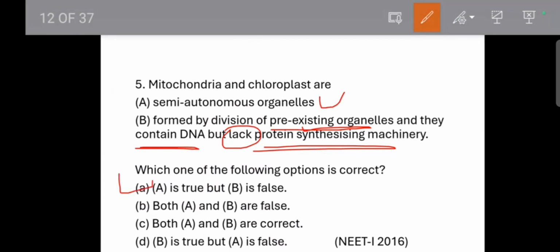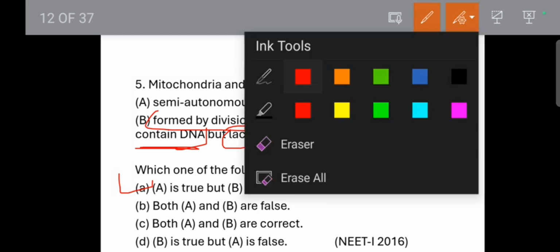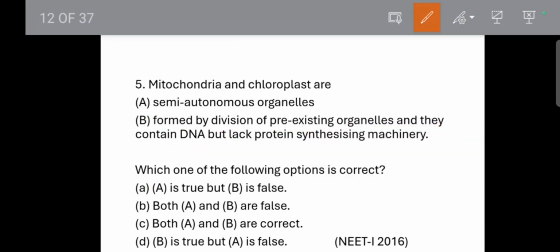The second statement, formed by division of pre-existing organelles and containing DNA, is right, but the wrong part is the lack of protein synthesis. So B is false. So statement A is the answer.